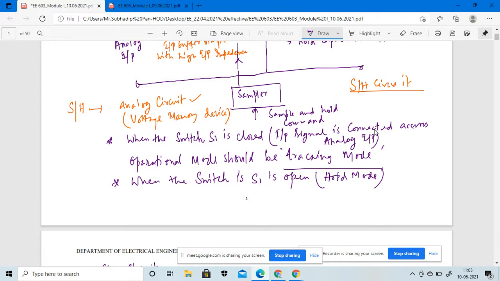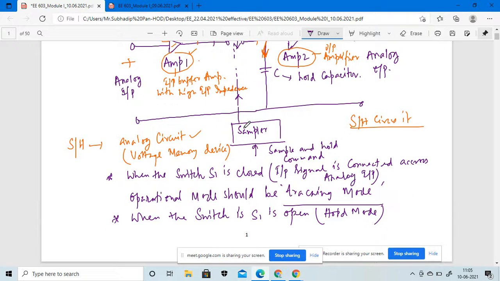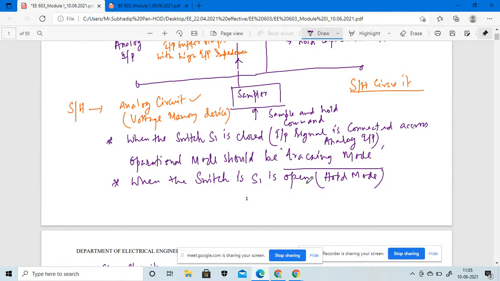The input signal is disconnected. When the switch is open, whatever input comes across this amplifier should not go through this path. So that will be the open channel, and the input signal will be disconnected from this particular switch. So when the switch S1 is open, the input signal is disconnected from the circuit.